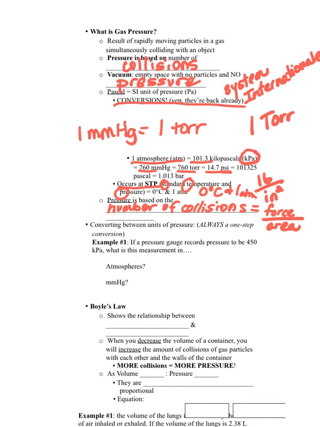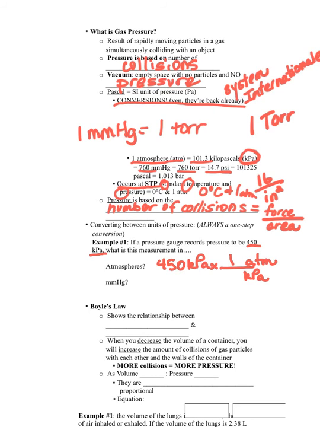So if a pressure gauge records pressure to be 450 kPa, so that's our given, what is this measurement in atmospheres? So our given is 450 kPa. That means kPa goes on the bottom. Atmospheres goes on the top.